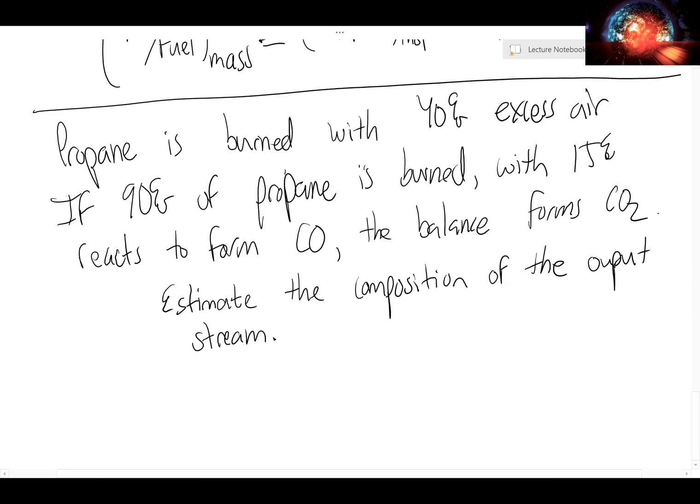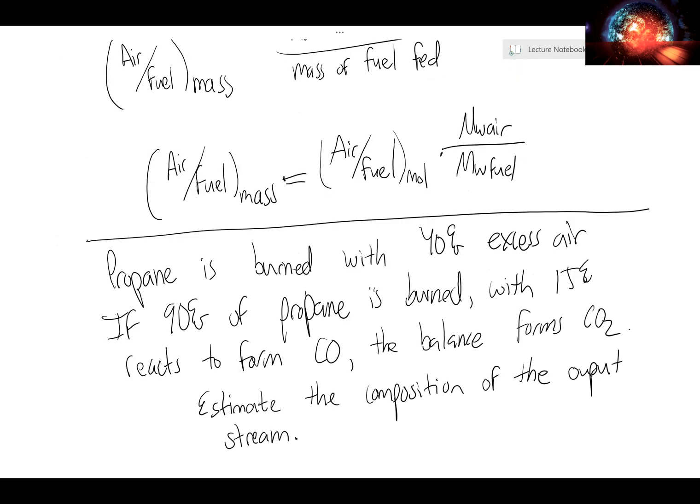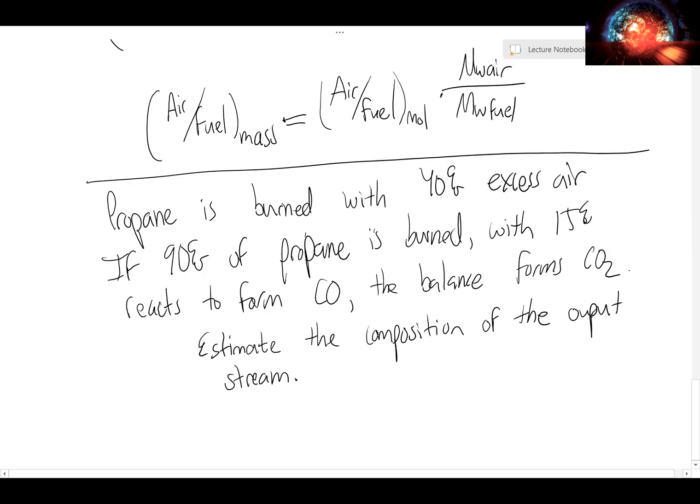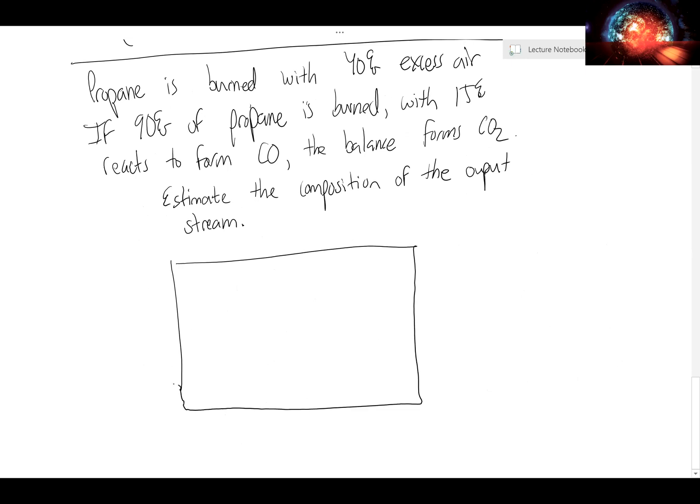The first thing I would want to do, as always, is draw my flow chart and do a degree of freedom analysis to see where I stand. My process is propane burning: C3H8 plus O2 yields CO2 and water, and C3H8 plus O2 yielding CO and water.